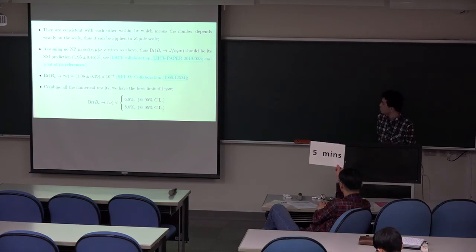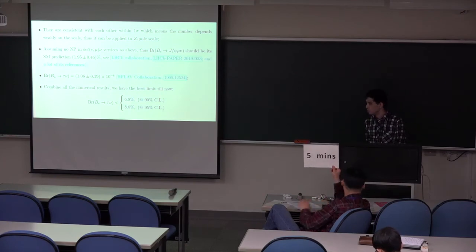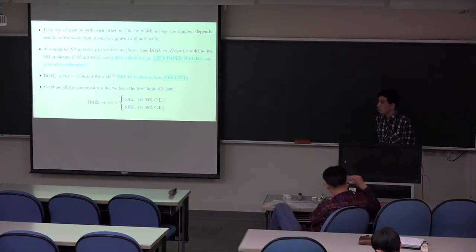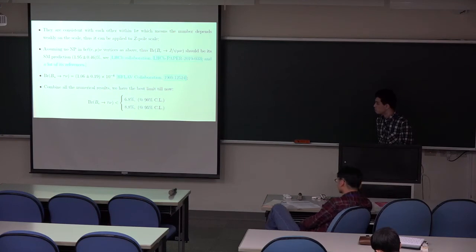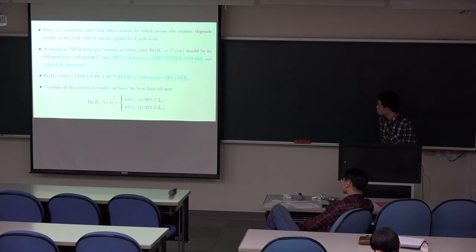So if we assume new physics only appear in the DC tau nu vertex, the DC to chip size mu should be the model prediction. Different predictions usually appear around 2%.